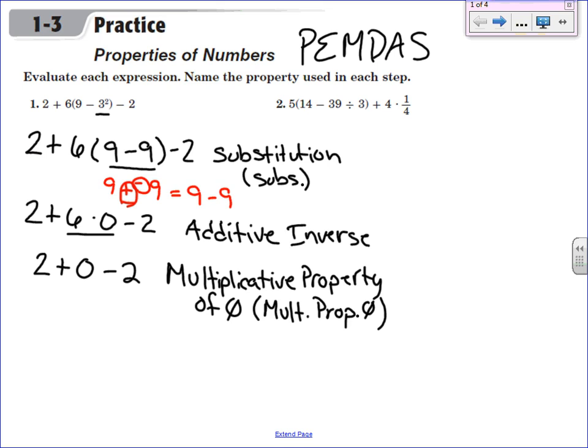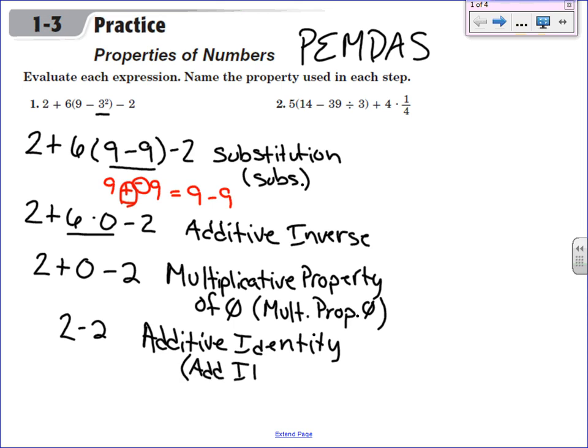Then we move on to addition, subtraction, and we move from left to right. So 2 plus 0 is 2. And the property that tells us that anything plus 0 is itself is the additive identity, which I will do as add ID from now on.